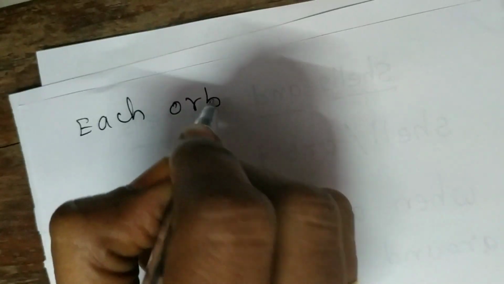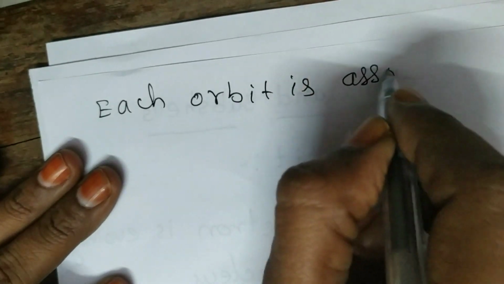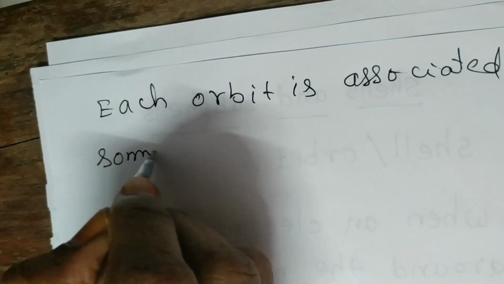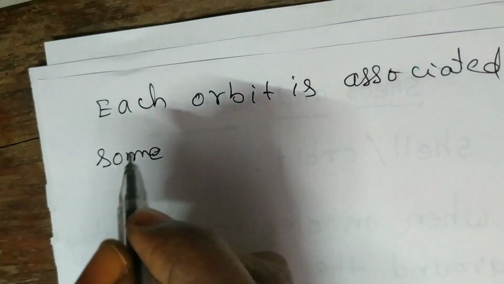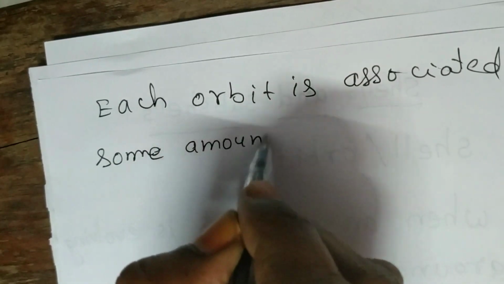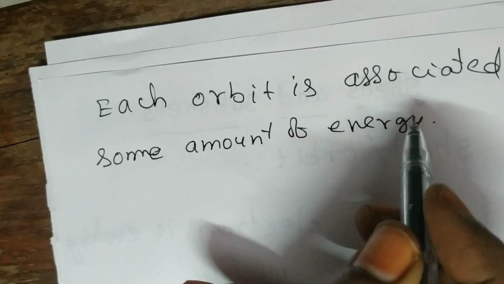Here, how can you describe these orbits? Each orbit is associated with some amount of energy, right?